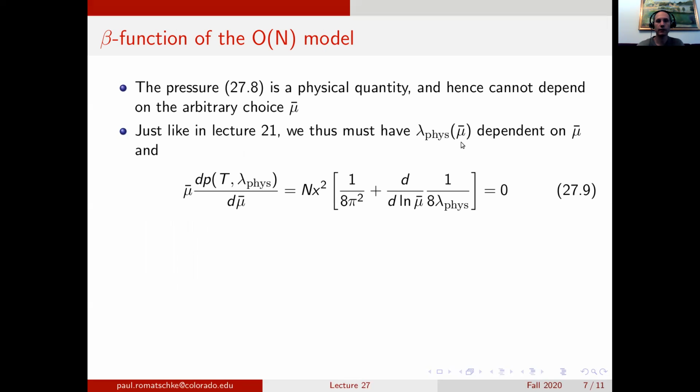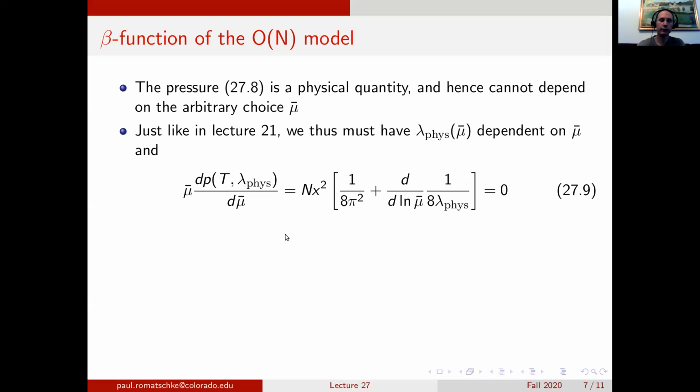So basically, we solve this apparent paradox by saying that any dependence that's explicitly on mu bar in the pressure has to be cancelled by the dependence of the coupling constant on that renormalization scale.